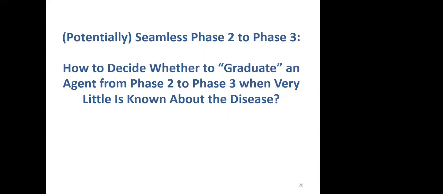So the other thing I'm going to talk about in the remainder of my time is this idea of a potentially seamless transition from phase 2 to phase 3. And it's really about how to decide, and when to decide, whether an agent graduates. My comments have to be taken in the context that we were designing a trial for a disease that we knew next to nothing about.